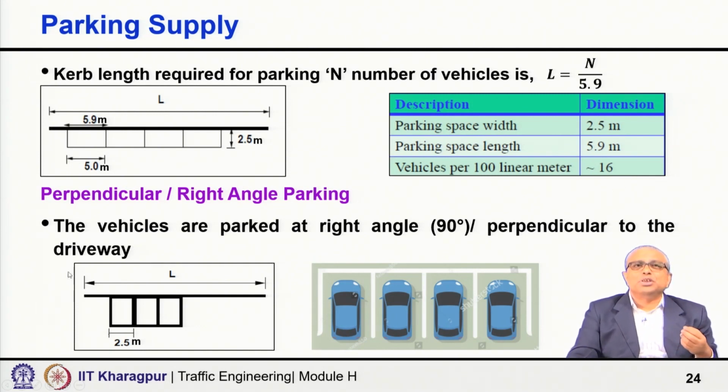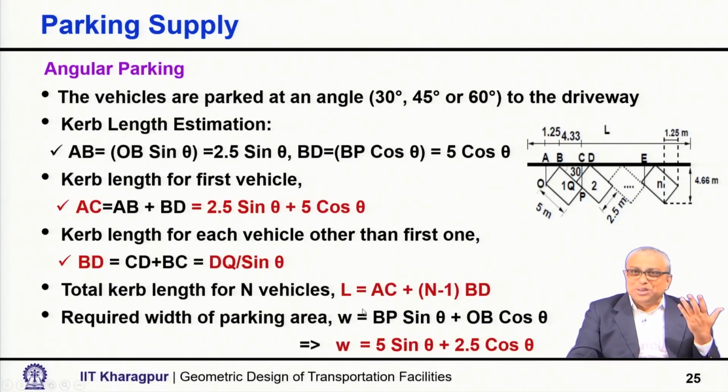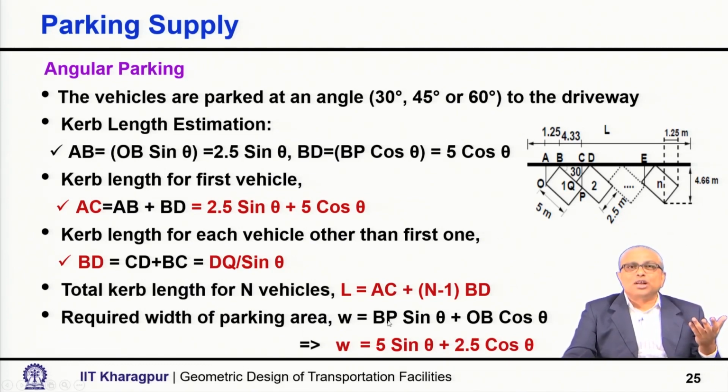So, here I have shown if it is perpendicular parking in a given length, you will be able to park much more, and these are the angular parking, depending on the angle, 30 degree, 60 degree. These are very simple calculations, I did not explain them, I have given them in the slide, please go through it. You can calculate then what is the total curb length and what is the width of the parking area.